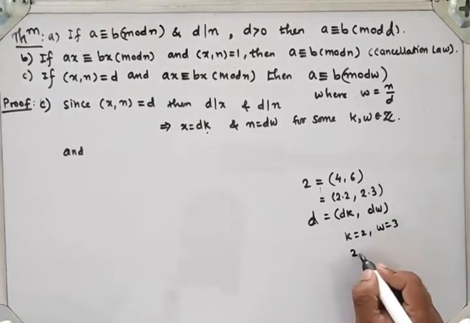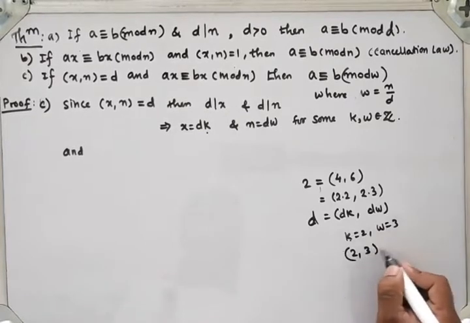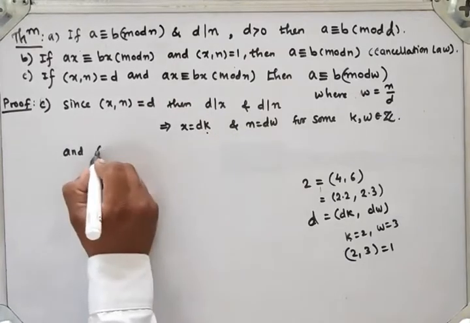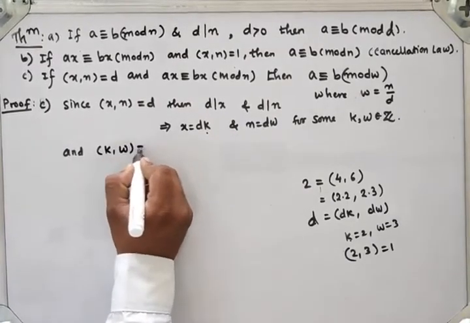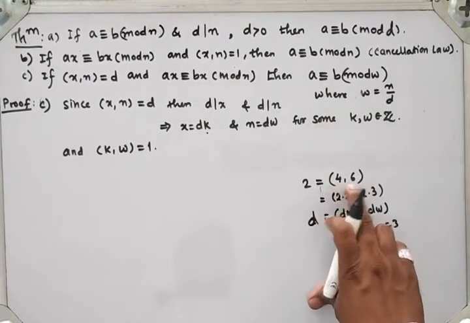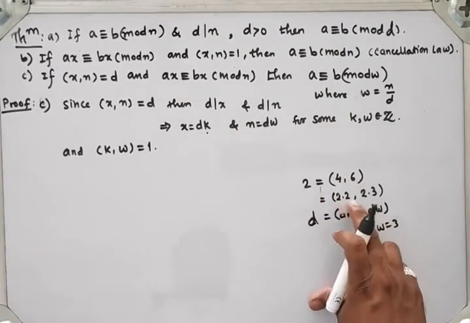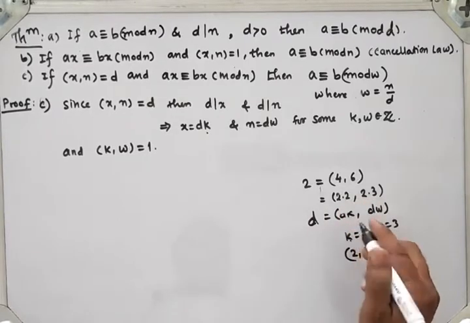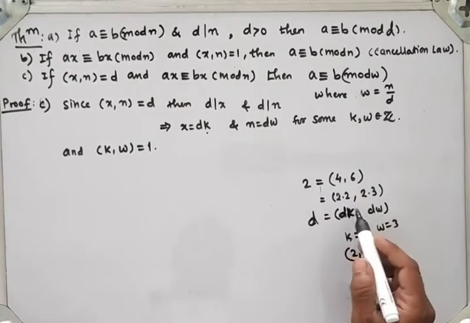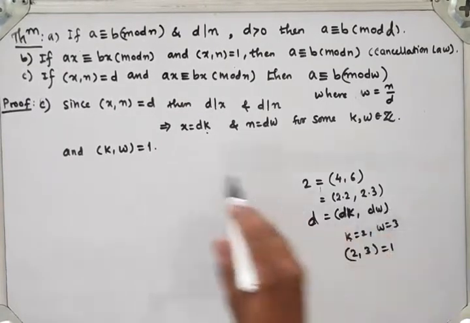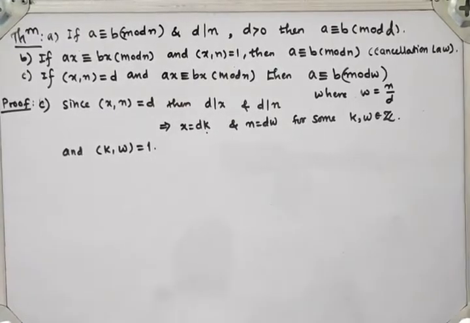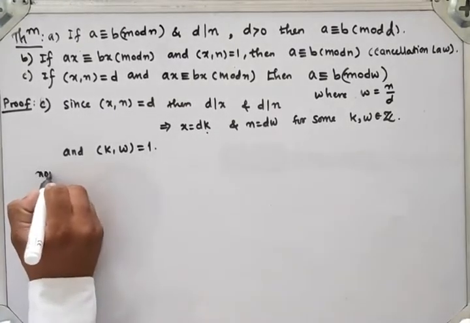So here GCD of k and w is 1, which is GCD of k and w equal to 1, right? Take any numbers. GCD of 4 and 6 is 2, so this can be written as 2 into 2, 2 into 3. So d is the factor in dk and dw. So we have to say that GCD of k and w is always 1, right?